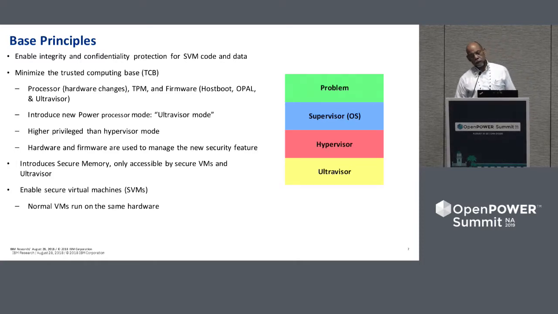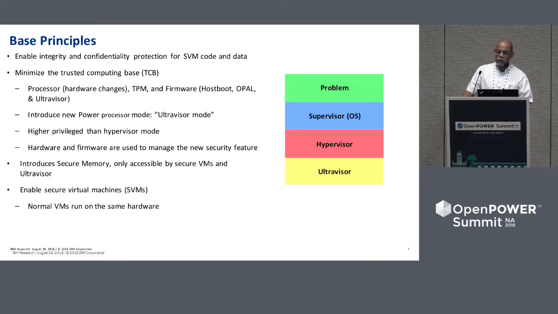We made some processor changes, which I'll describe in a minute, and there are some firmware changes, both to host boot and Opal, and we add a whole new section of firmware called the Ultravisor. The architecture includes what's provided by the Ultravisor as well as the hardware. We've got this new mode called Ultravisor mode, which is higher privileged, as I said, and the Ultravisor firmware and the hardware are used to manage the security of the machine.